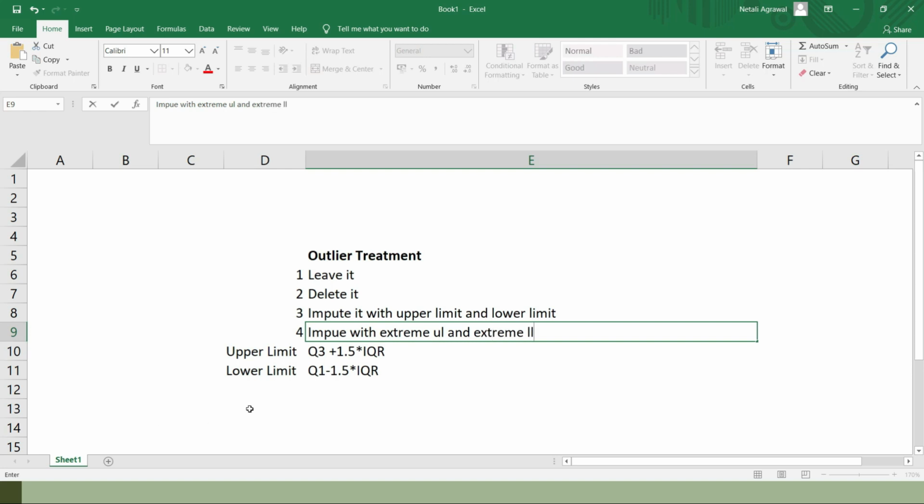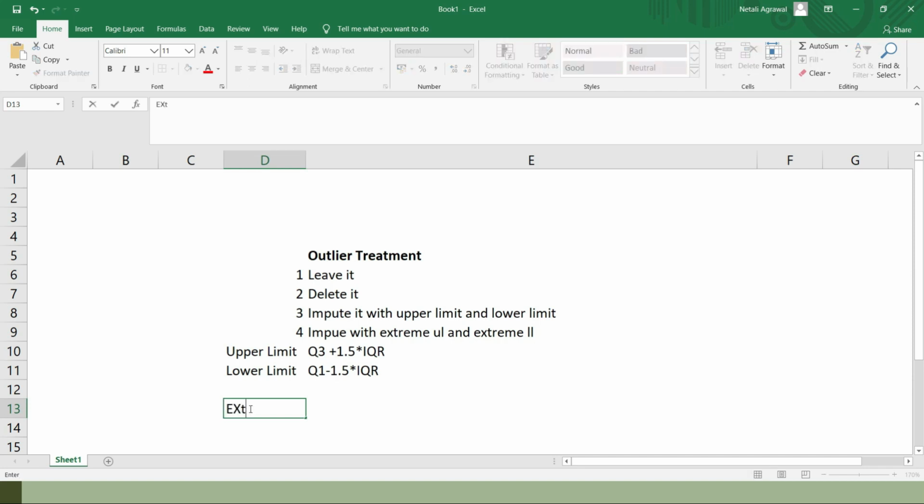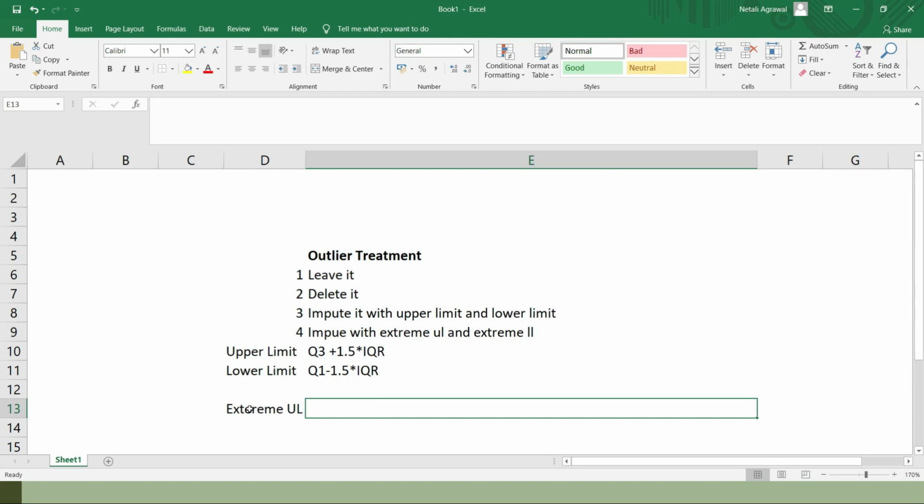Okay, so what is extreme upper limit and extreme lower limit? Extreme UL is nothing but the same thing. Instead of 1.5 times, you will multiply 3 times of IQR.